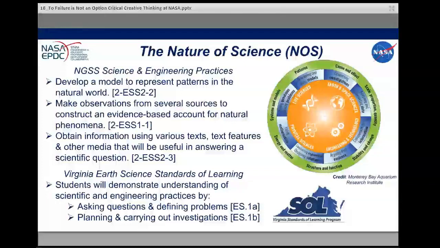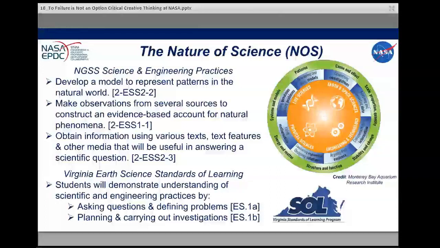And I experienced this here in Virginia when I was teaching Standards of Learning for earth science. I had to have at least 70% of my students pass the end-of-course test, otherwise that would reflect badly on me and on the school district.